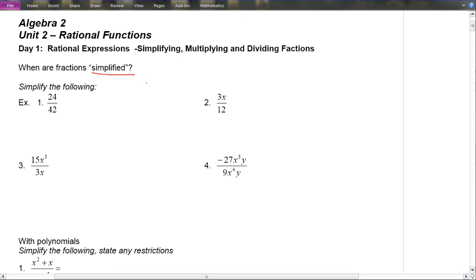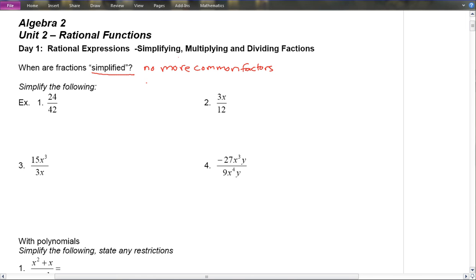The answer is when there are no more common factors in the top or in the bottom.